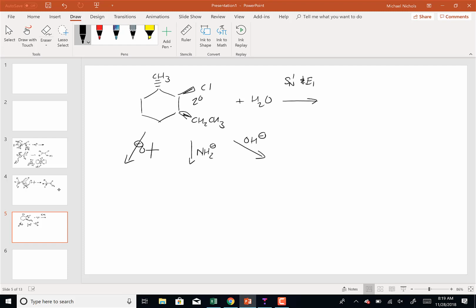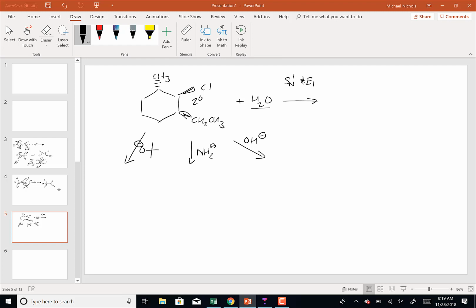And that's from the chart. Secondary halide plus weak nucleophile, automatically SN1, and we added SN1 and E1 a while back. So we modified our chart from last time.